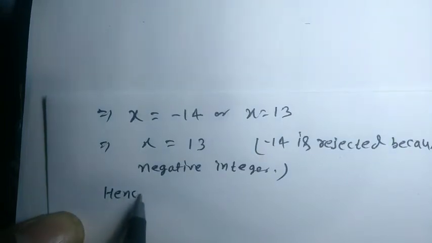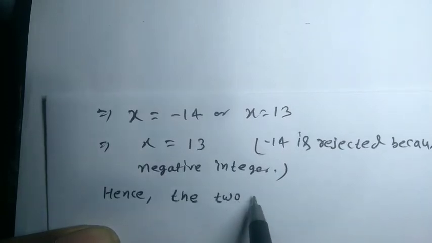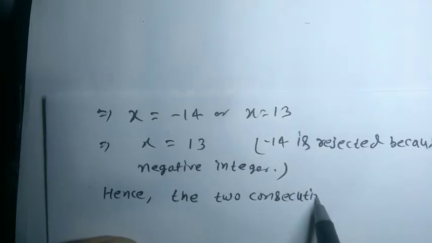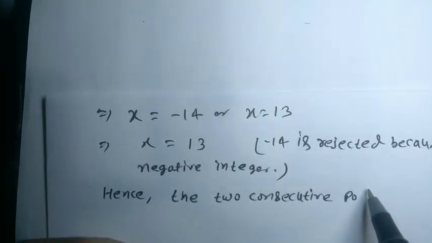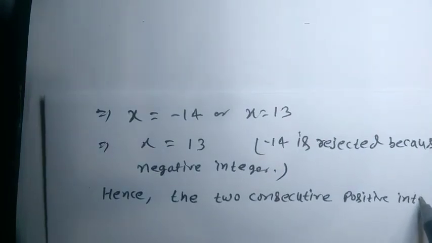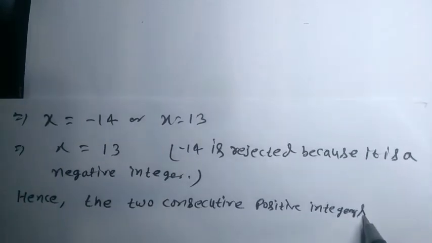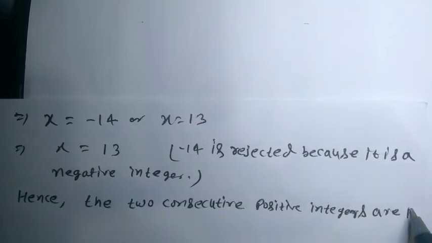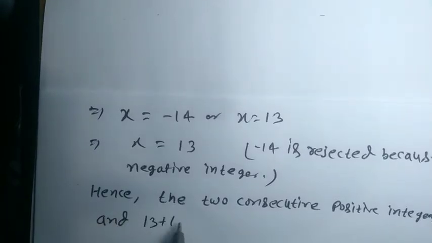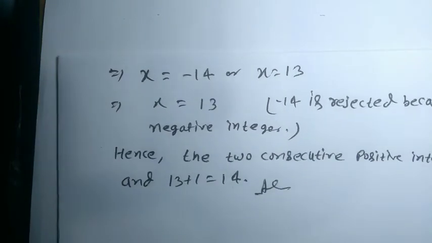Hence, the two consecutive positive integers are 13 and 13 plus 1, that is equal to 14. That is our answer, 13 and 14.